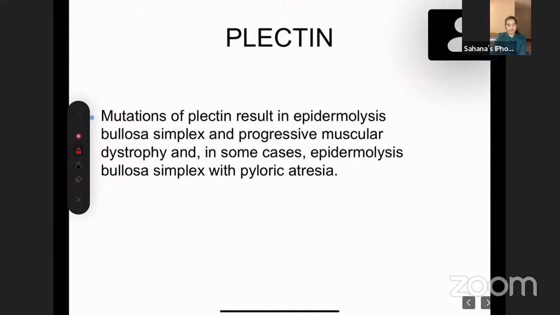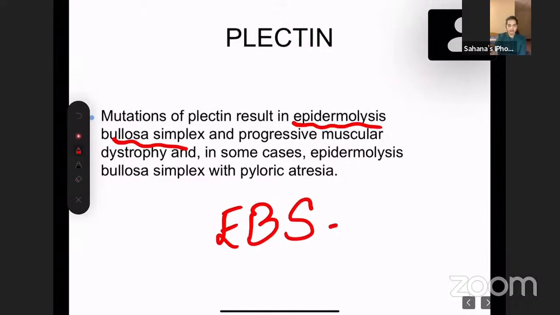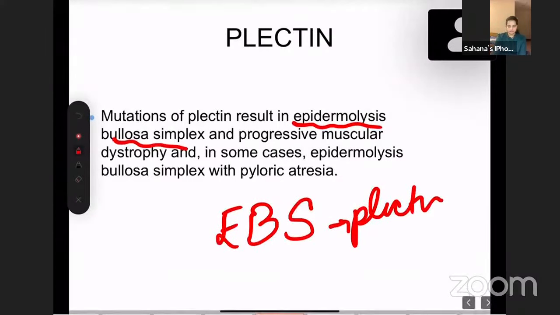But for now, just remember that mutation of plectin causes epidermolysis bullosa simplex, also known as EBS. That is all we need to remember. Epidermolysis bullosa simplex is caused by a defect in plectin.